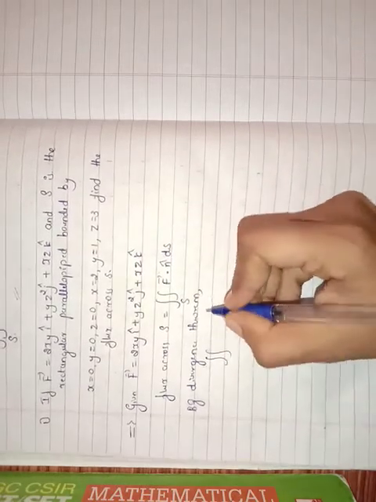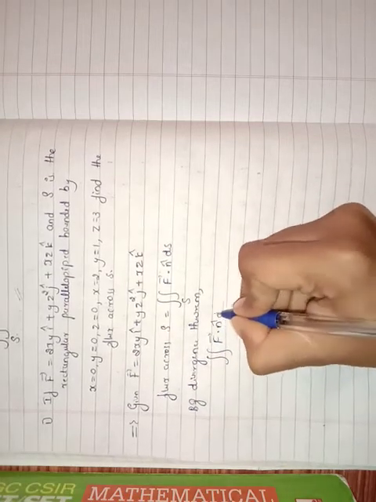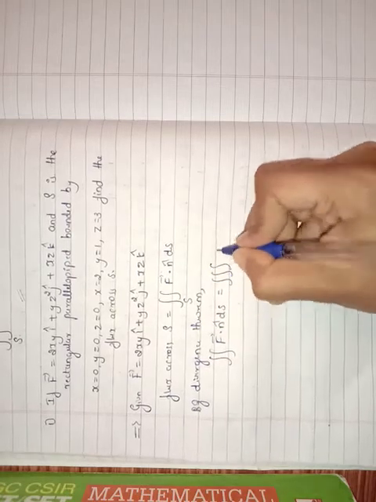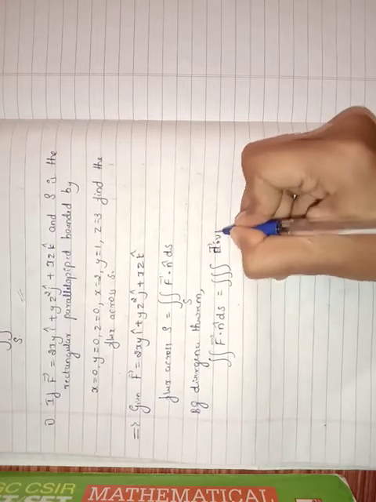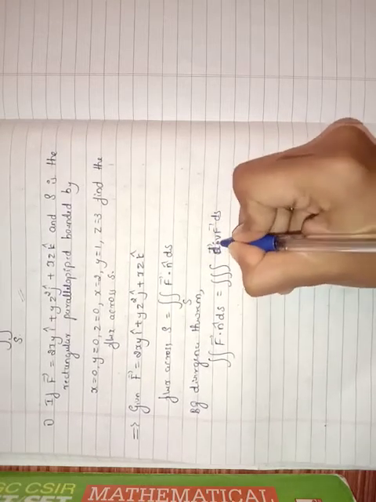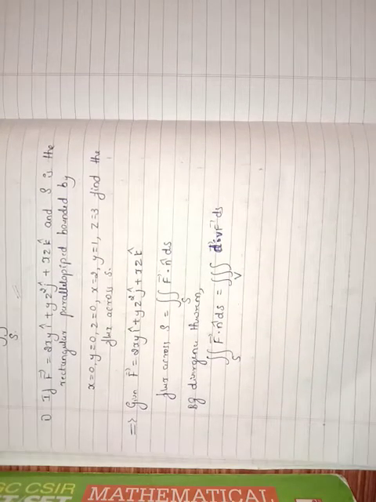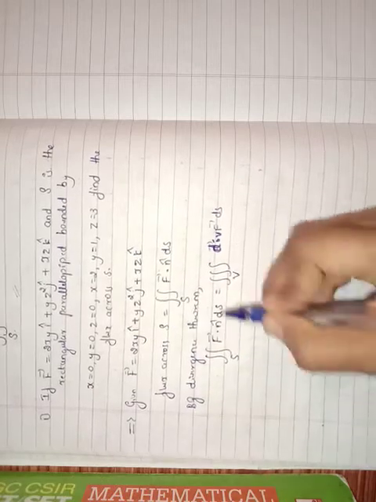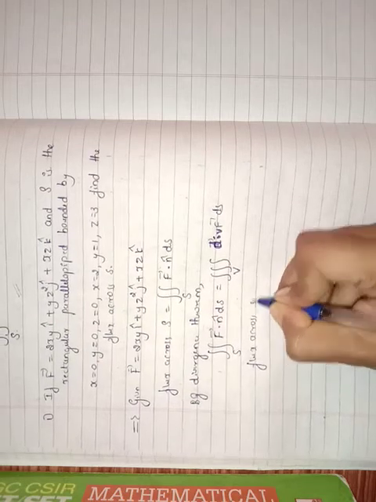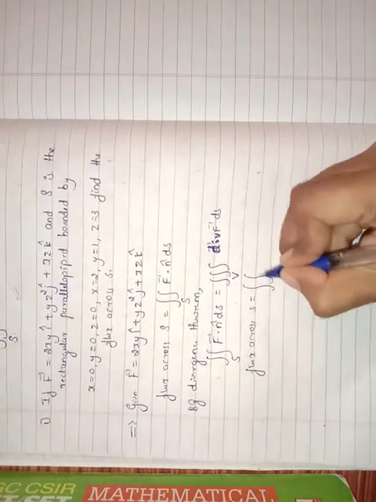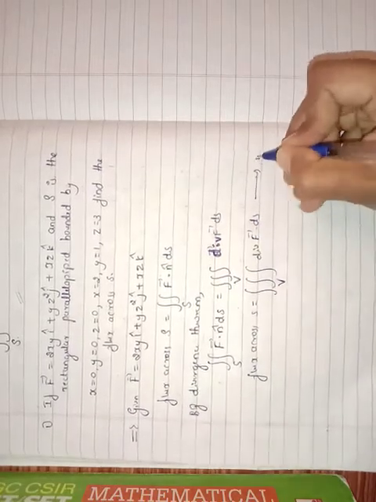Therefore, the statement of the divergence theorem gives the double integration of vector F dot product with unit vector n dS is equal to the triple integration of divergence of F dV over the volume V enclosed by the surface S. This is by the divergence theorem. So this is nothing but flux across S. So flux across S is equal to the triple integration over V of divergence of F dV. Consider this as equation 1.